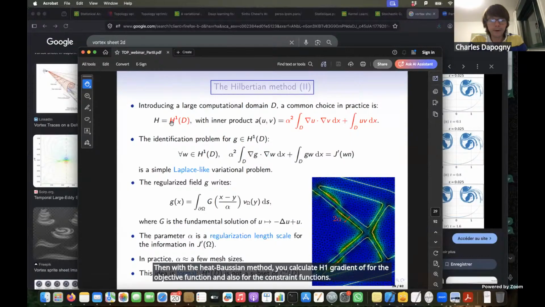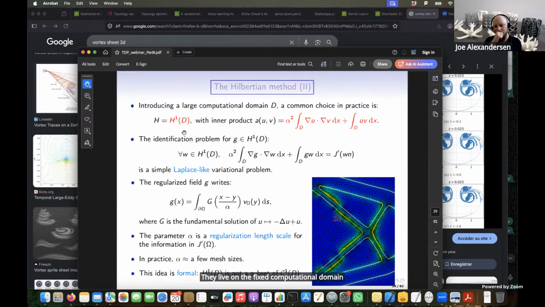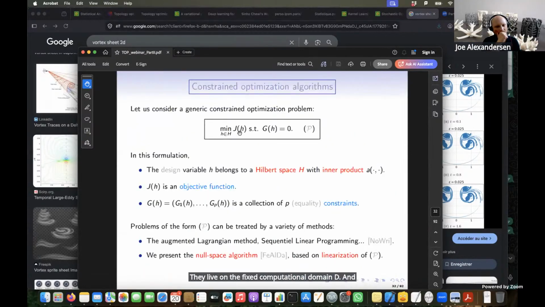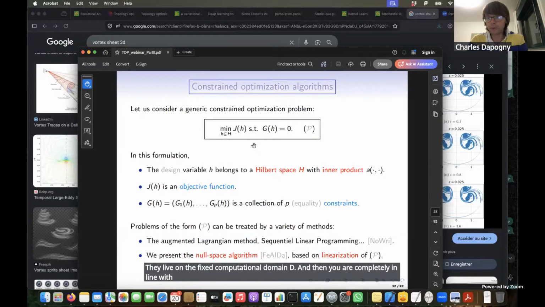So the gradients of J and the gradients of the g_i live on the fixed computational domain D. And then you are completely in line with this. They are functions that belong to a Hilbert space, which is H1 of the fixed computational box. And you can apply the null space algorithm exactly as is, in the black box.